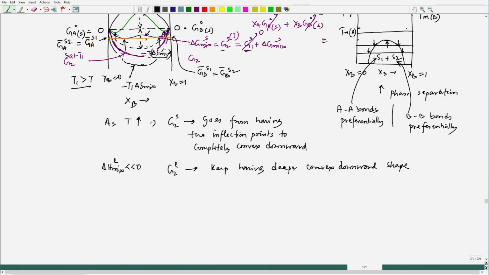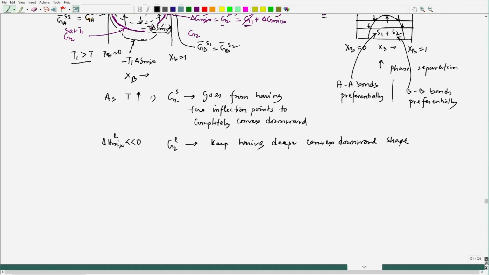Fine. So, now if I try to see as we increase temperature, let us say I reach this temperature, which is below TMA, I can have a situation like this. So, this is x b going this way, x b equal to 1, x b equal to 0. Now, we had this plot S 1 plus S 2. Now, we can have a situation like this.